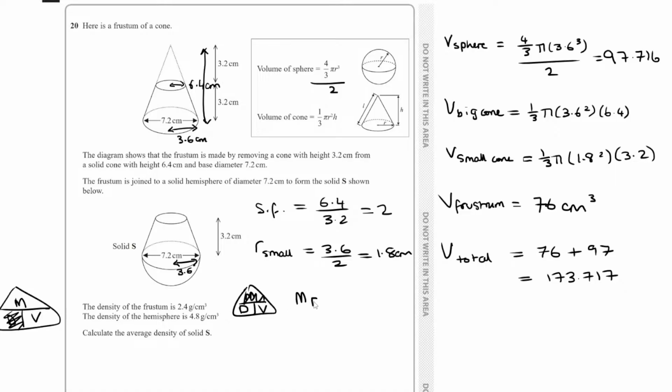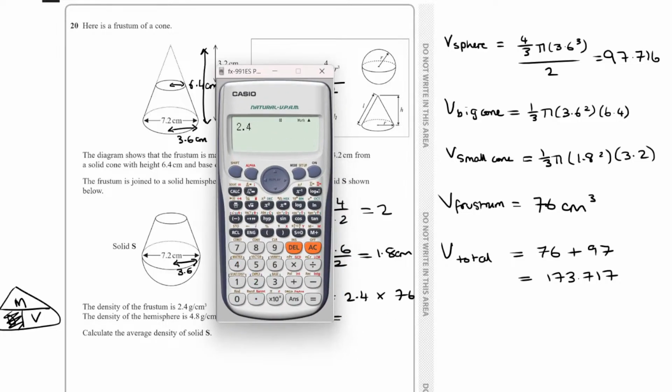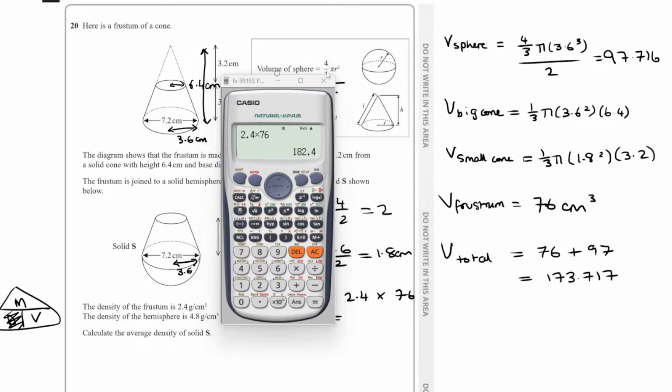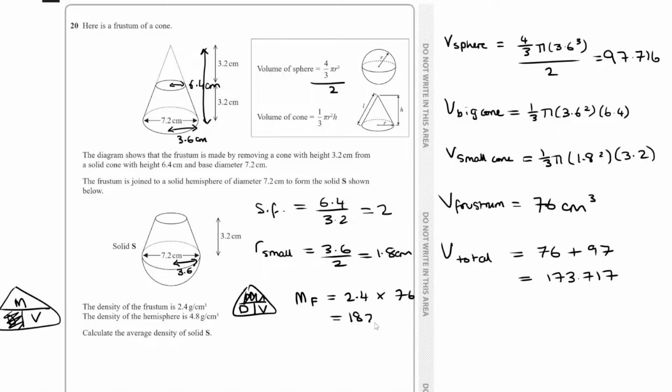The mass of the frustum is the density of the frustum, which is 2.4, times the volume of the frustum, which we said was that 76 number. I know there's technically more decimals there. 182.4 roughly.